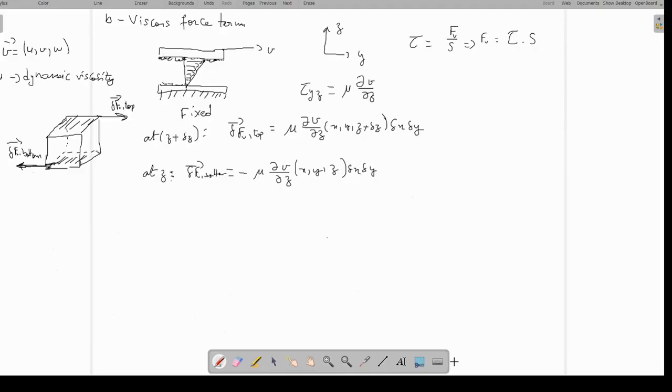So the net force is the sum of the two contributions.